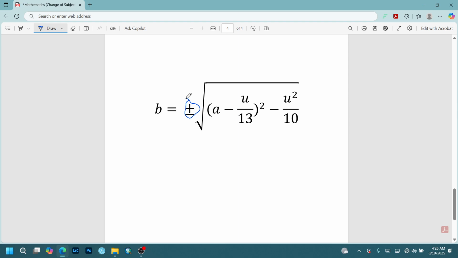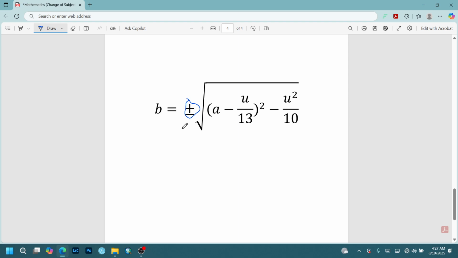It ensures that all possible values are considered, whether the value is a positive number or a negative number. So that means our B could be a positive square root of A minus U over 13 squared minus the fraction U squared over 10, or our answer could be a negative square root of, in brackets, A minus U over 13 squared minus U squared over 10.